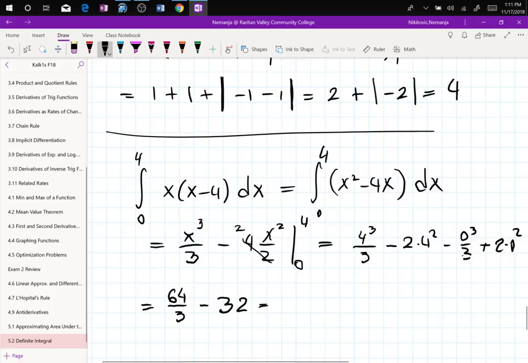And we have 64 over 3 minus 96 over 3, for negative 32 over 3 as the answer.